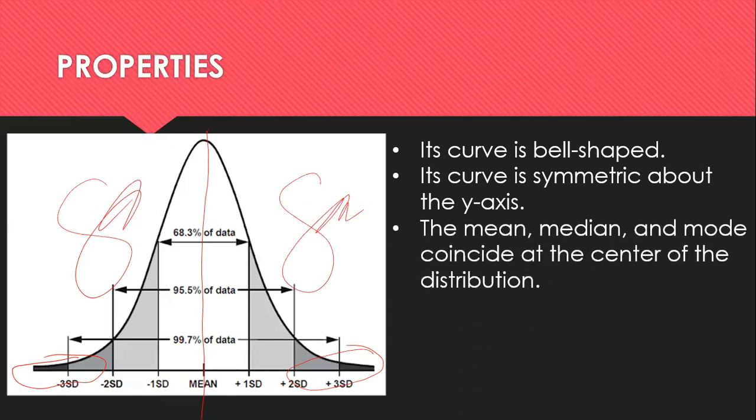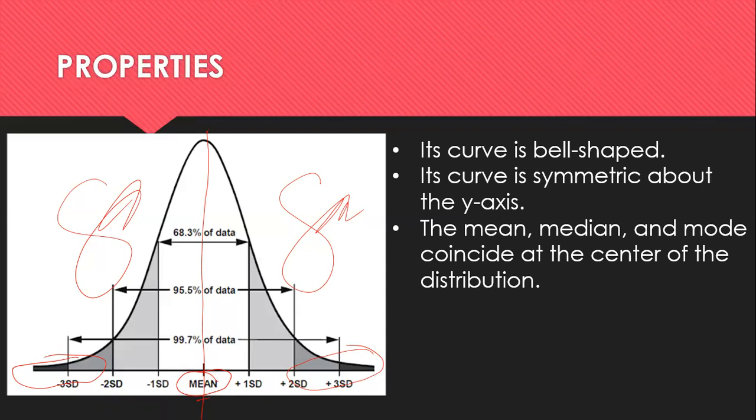Next, the mean, the median, and the mode coincide at the center of the distribution. If nandito yung mean mo, dapat nandyan din yung median and mode mo. Anong ibig sabihin yan? Say for example, ang mean is 5. Dapat din ang median mo is 5 and the mode mo is 5.